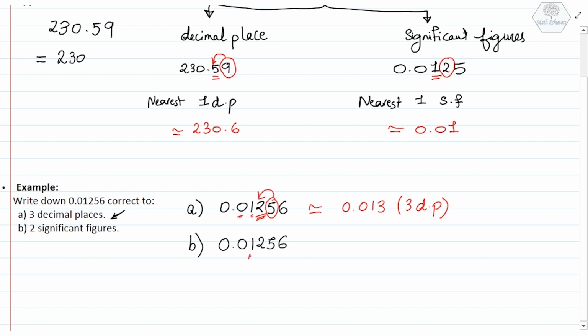So this is the first significant figure, and this is the second significant figure. Does the 5 give the 1? Yes, it gives 1 to the 2, and my rounded number would be 0.013, and this rounding is to 2 significant figures.